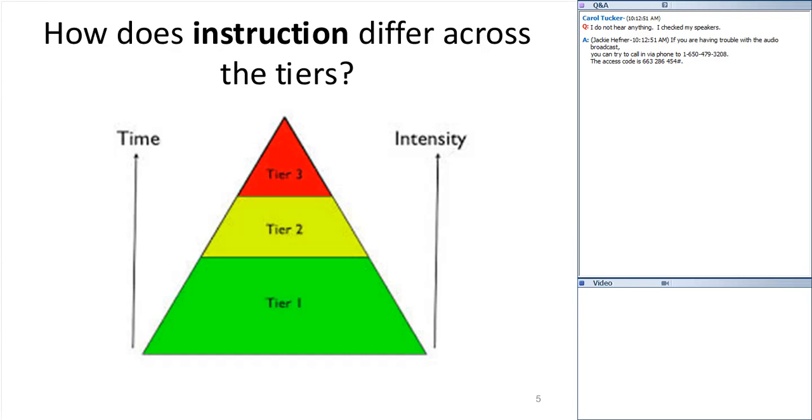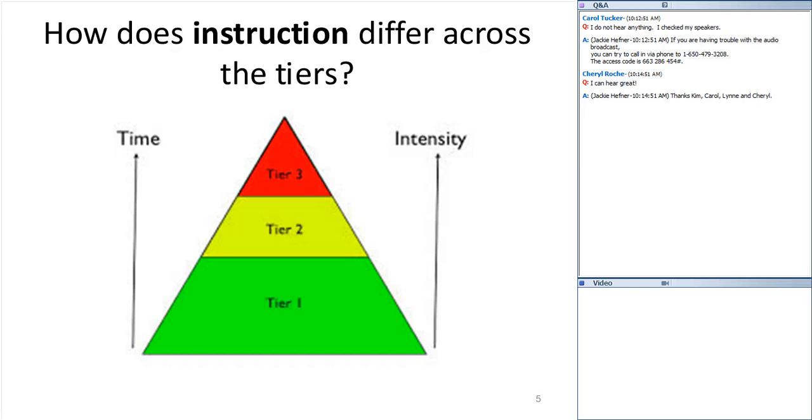I think what's most important about, particularly Tier 3 specialized instruction, is it is a matter of degree. It is a matter of intensity and the amount of time. It's not like it would look totally different and that we wouldn't use all we know about explicit instruction. It is the intensity.